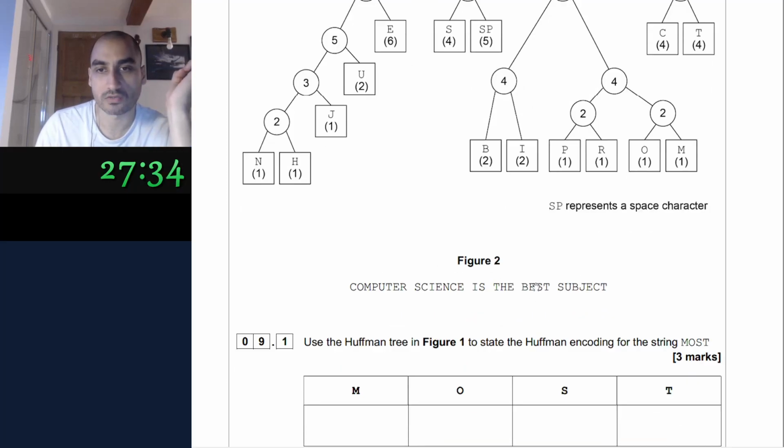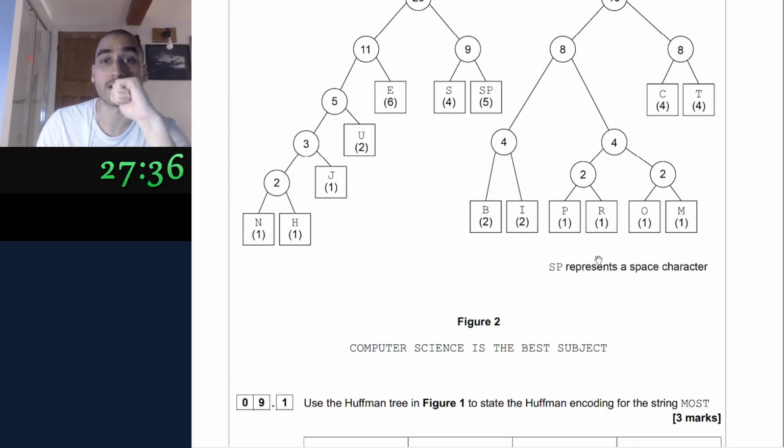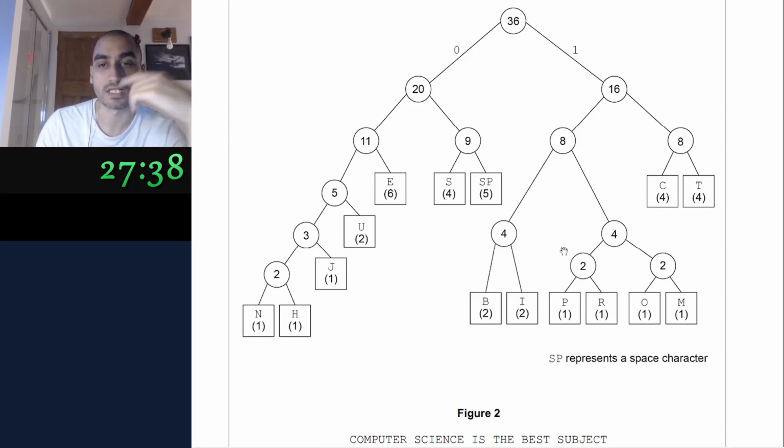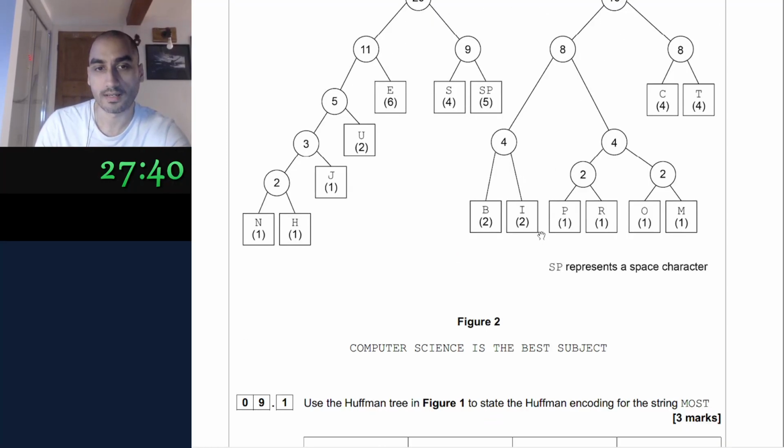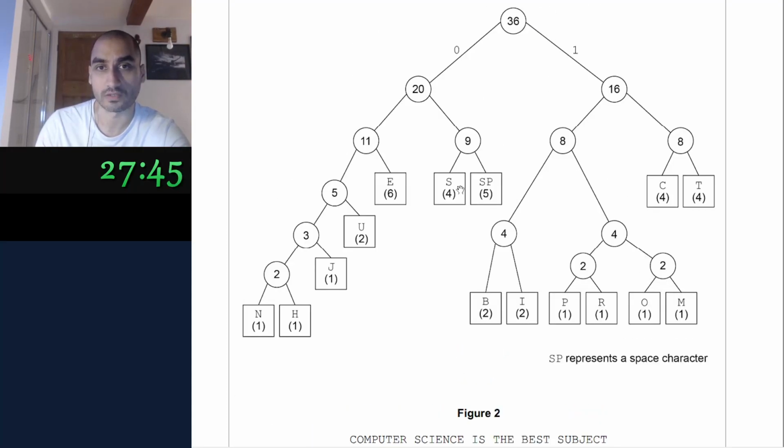Yeah, this is the string. Oh, SP represents a space character. Okay, fine. So it's telling you how frequent these are. And the more frequent a letter, for example S is quite frequent, the smaller the code you give it. So S would be 0, 1, 0. Okay, got it. So M is 1, 0, 1, 1, 0, 1, 1, 1.